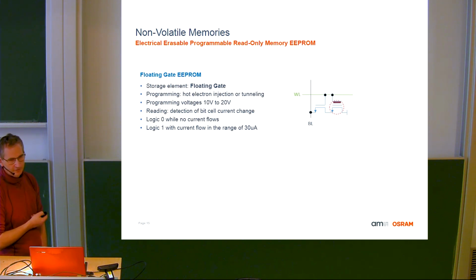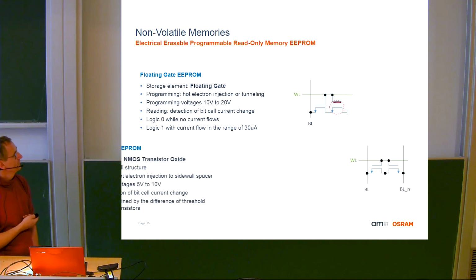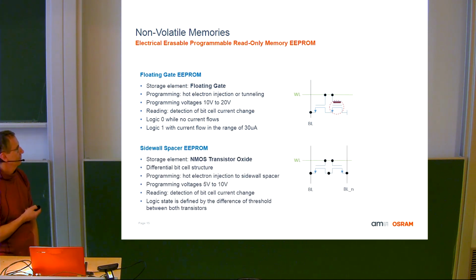And then it's more or less just that you change the threshold of a transistor. What you can do is switch on a transistor and measure the current. If you change the threshold and it's a higher threshold, then the current is lower than in a standard approach. And then you can build a comparator with that. So that's the easy part, to build a comparator. Of course, the comparison also suffers if you lose electrons, because the threshold goes back down to the original value.